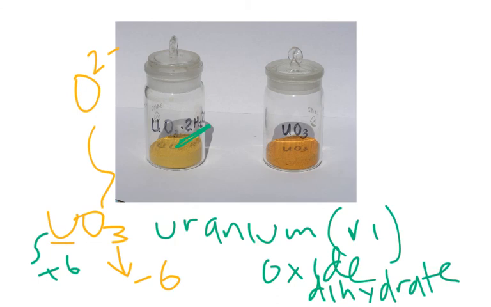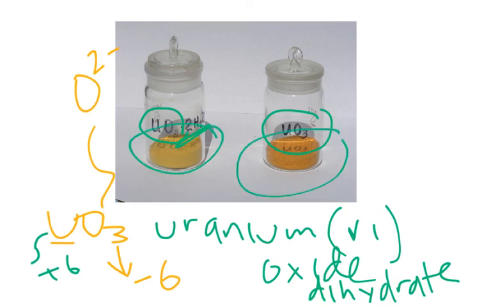So as you can see, the hydrated form of uranium 6 oxide and the anhydrous form of uranium 6 oxide are different. And they are different because while one is light yellow, the other one is, I guess, kind of orange, and they also have different properties too.